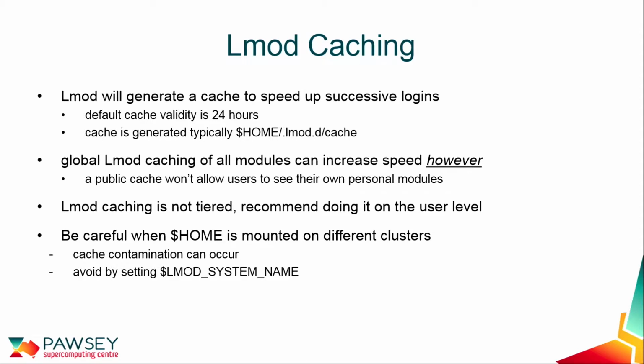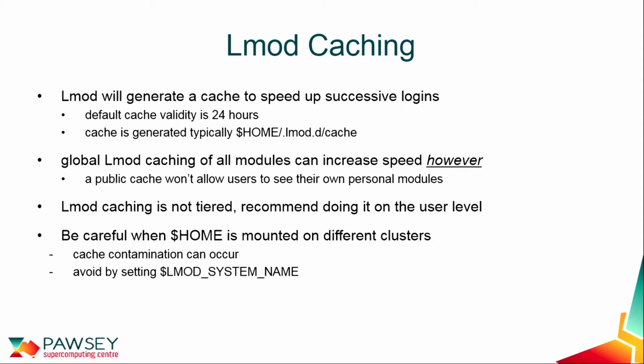But what happens if you've got a power user? You have your power users who can compile stuff, they know what they're doing. They're going to have their own modules, their own libraries, and you're not going to comb all the file systems just to look for their modules. So that's why I said it's a double-edged sword. Lmod caching is not tiered. So if you want to generate a cache, what I would advise is this: some users are going to complain if it's an extra 20 seconds or 10 seconds, they're just going to complain.